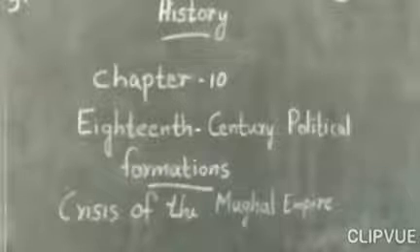Then the second point, the successors of Aurangzeb were not efficient. After the rule of Aurangzeb, successors were not able to rule the country prominently. That is why the country declined. The efficiency of the imperial administration broke down.